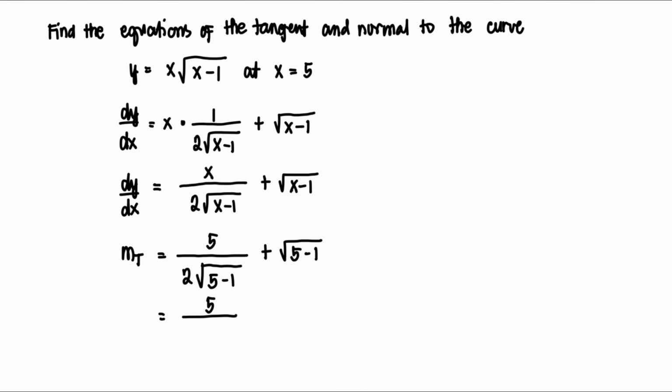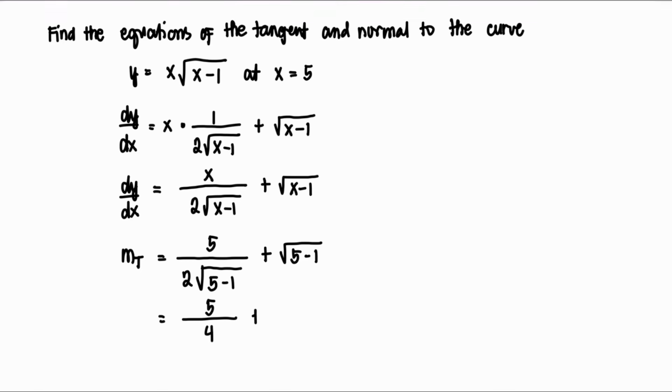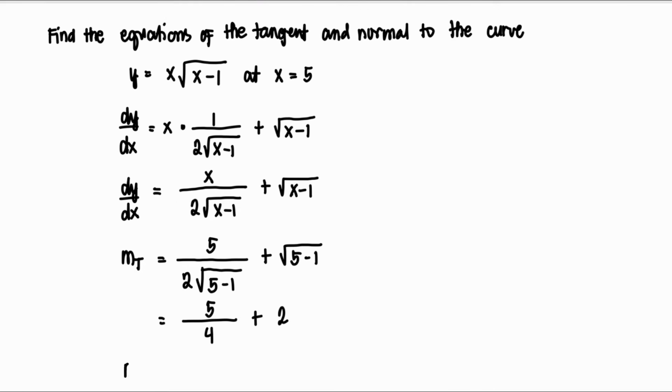So this is 5 divided by 5 minus 1 is 4, extracting the square root of 4, that is 2 times 2, that is 5 over 4, plus, again, the square root of 5 minus 1, this is 4, and so this is 2. So adding the 2, the slope of the tangent line, therefore, is equal to 13 over 4. That's 4 times 2 is 8, plus 5, that's 13 over 4.